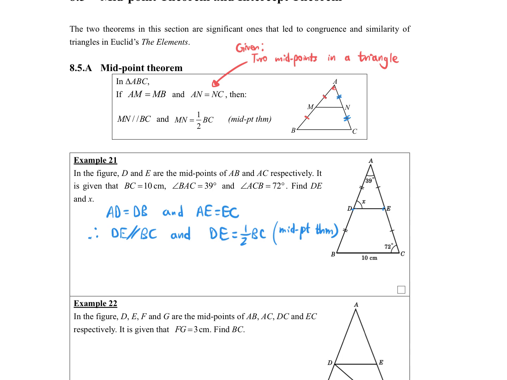And then you can use this result to work on different aspects of the diagram. For example, to find x, you just move the angle 72 degrees to above.